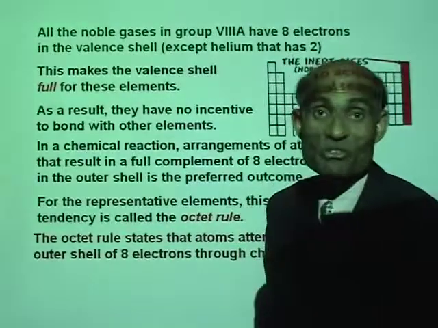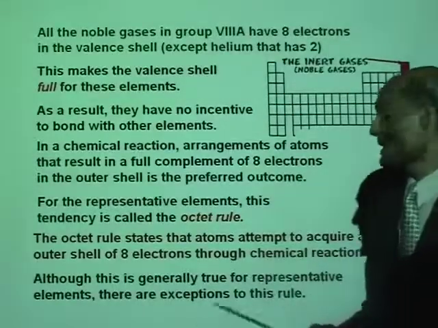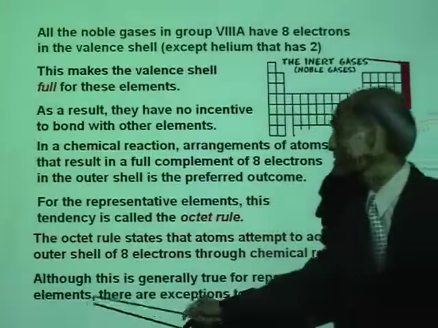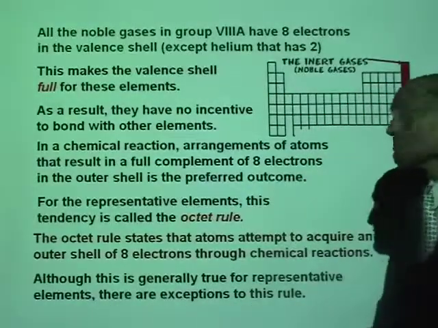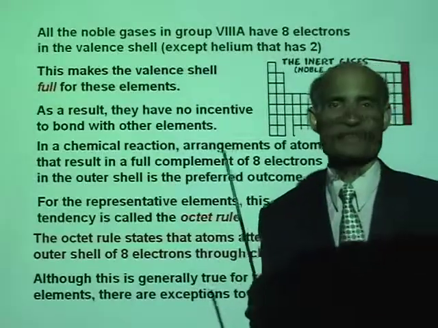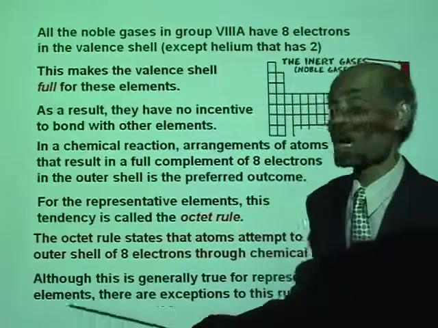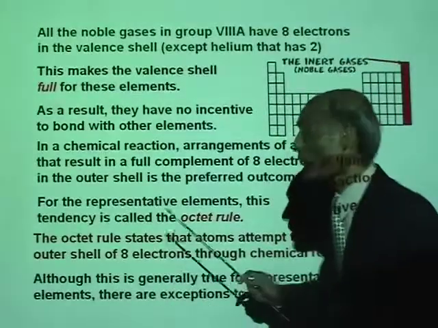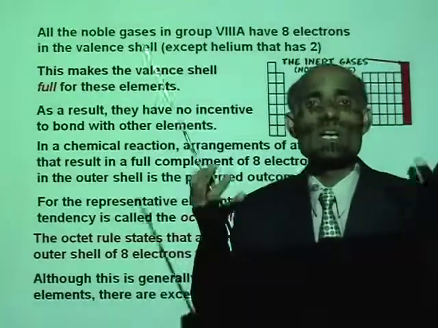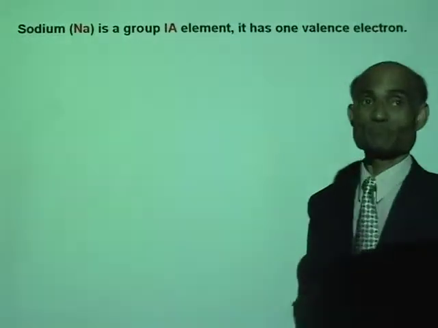So all these processes are involved in the chemical reactions. Now, although this is generally true for representative elements, there are exceptions to this rule which we will not worry about in this course. Alright? We will only talk about the straightforward chemical reactions, that the octet rule is the tendency of any element to achieve the 8 electron outer shell.